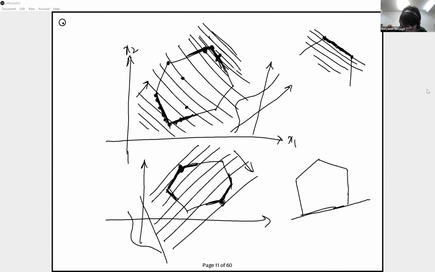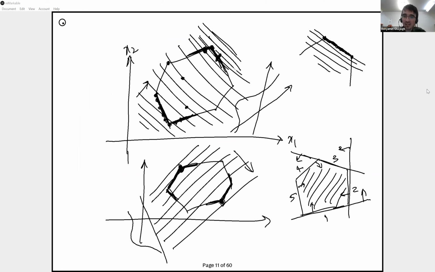So we might have one inequality constraint, another one here, another one here. So 1, 2, 3, 4, 5 inequality constraints, each of which saying that I want it to be here. So I'm here. There might be an equality constraint saying that I want to be on this line. So it's still in the polyhedron, right?